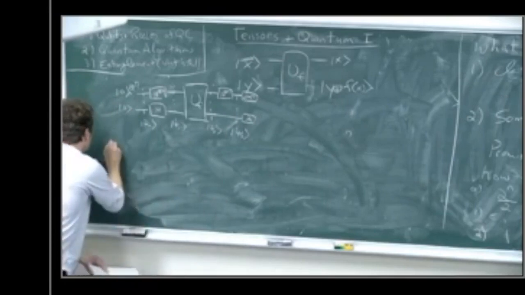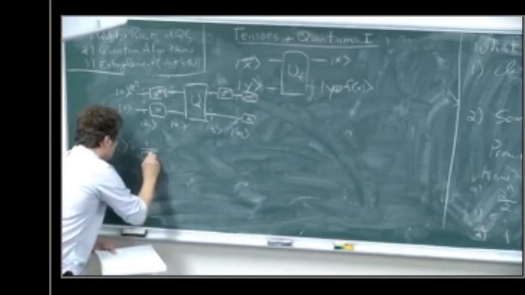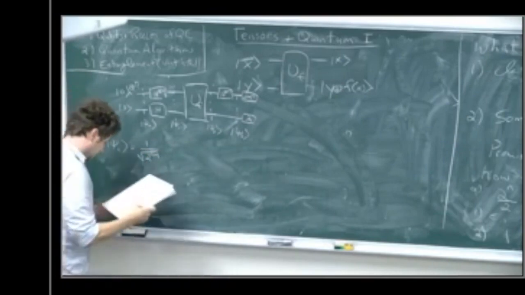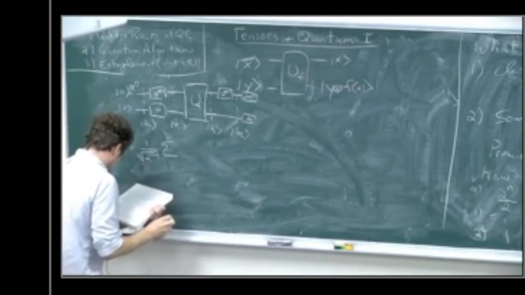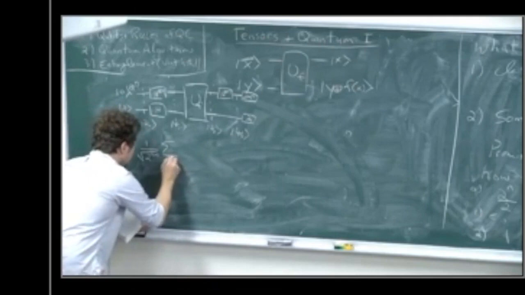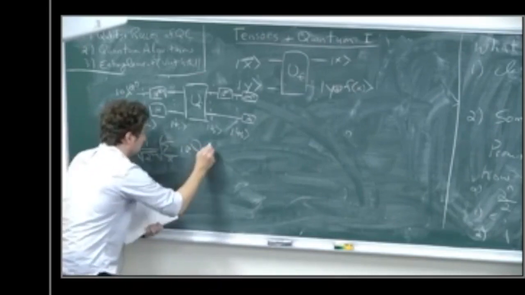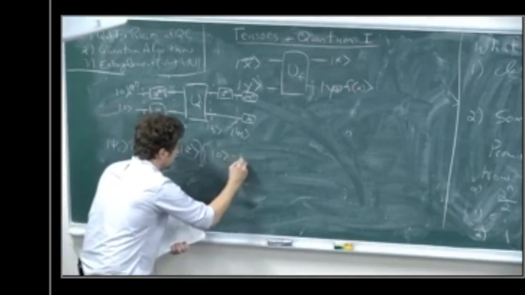Psi 1 is 1 over the square root of 2 to the n plus 1, times the sum over all x of x tensor 0 minus 1.